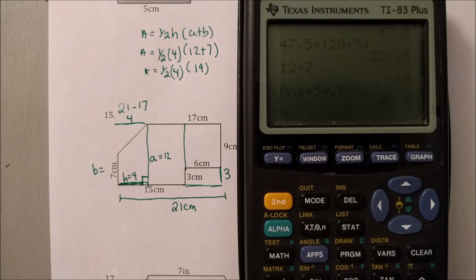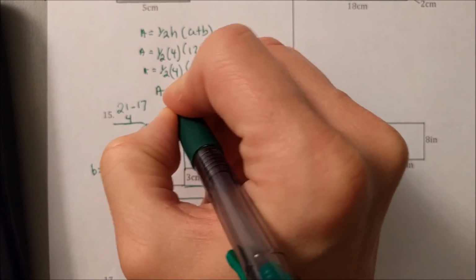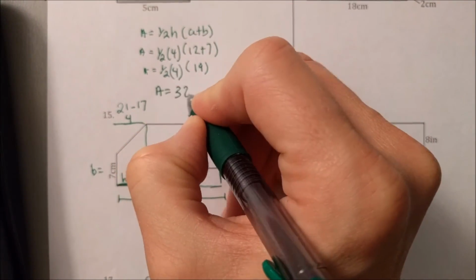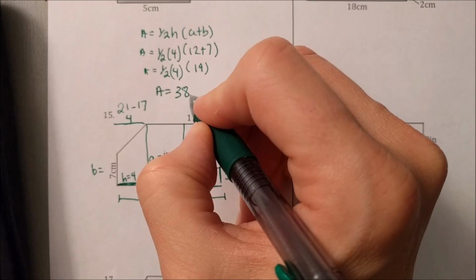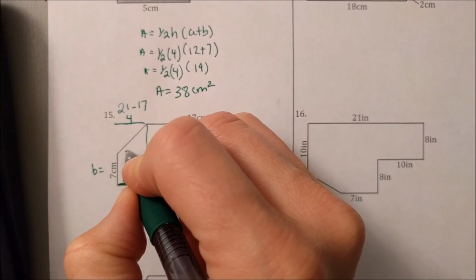Turn the calculator on. 0.5 times 4 times 19. Figure it out there, you got 38. The area of this is going to be 38 centimeters squared, right? So I've got 38 in here.